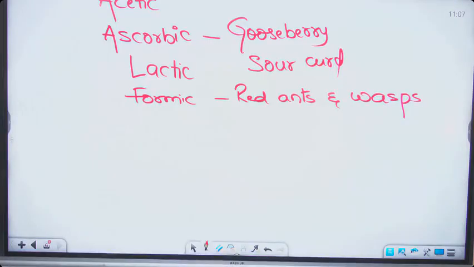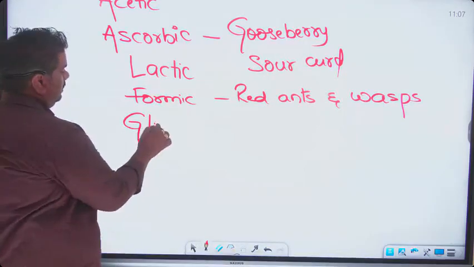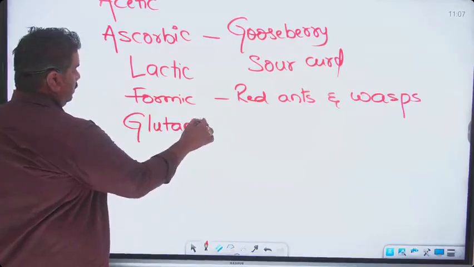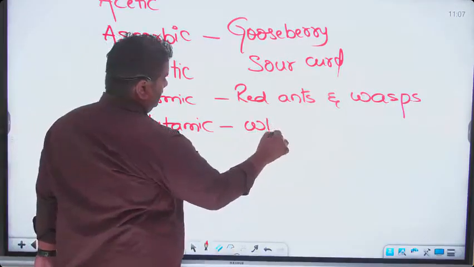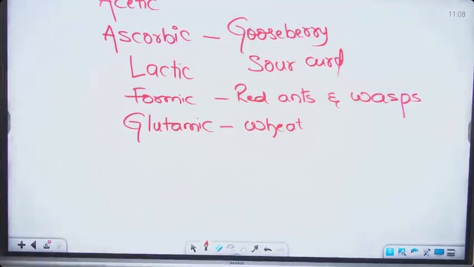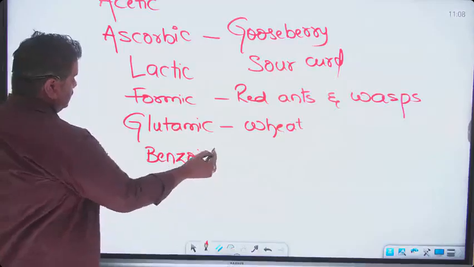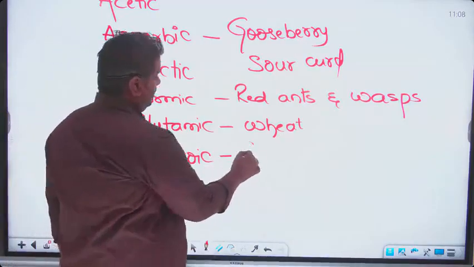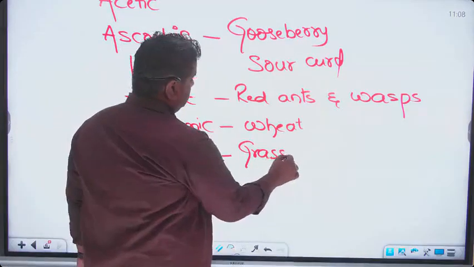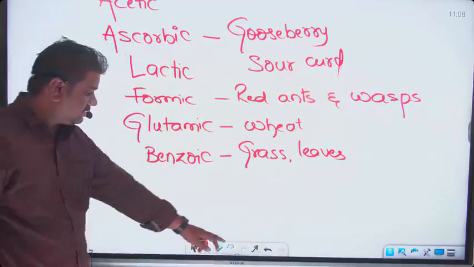Then glutamic acid, wheat. Benzoic acid, grass, and the different types of leaves.